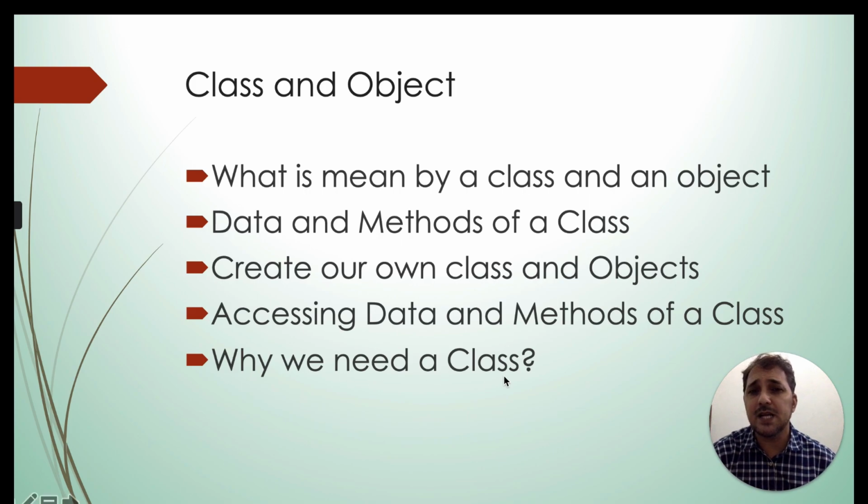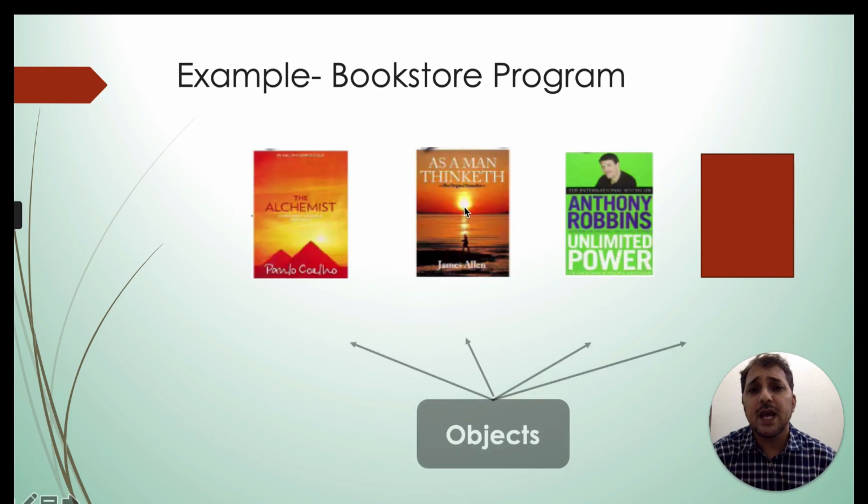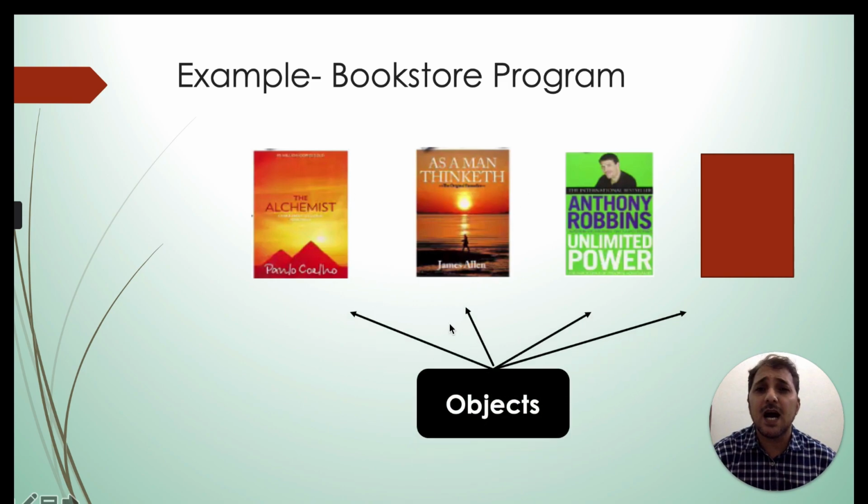And why we need a class is, as we discussed in the previous example, that we need a class to represent real world objects. All these are books: The Alchemist, the other book, and the other book. All these are objects.